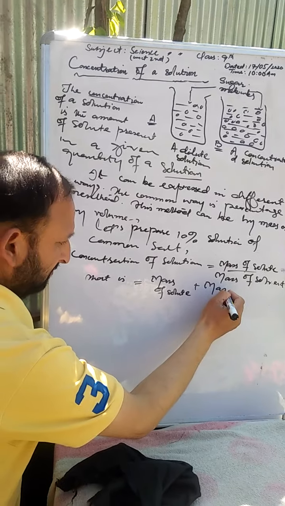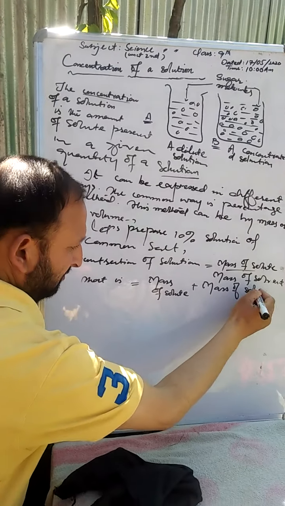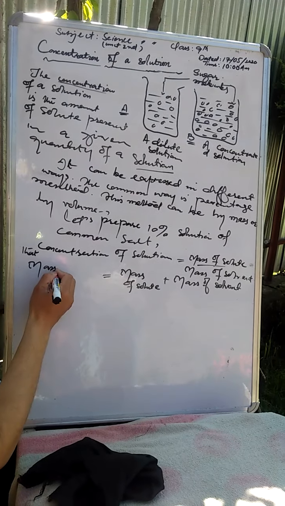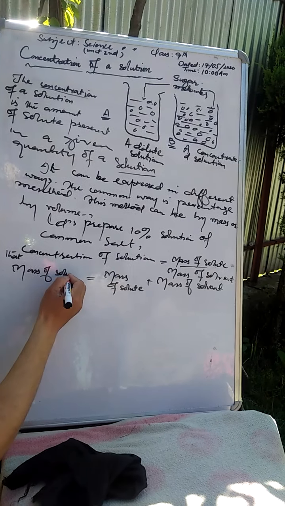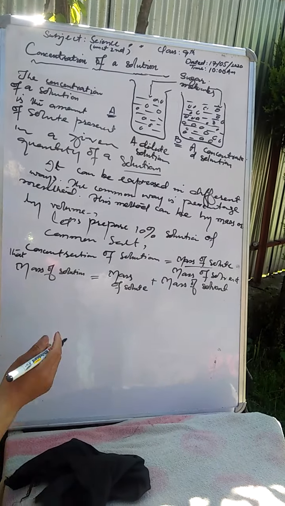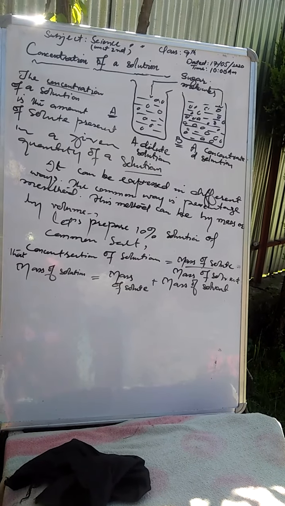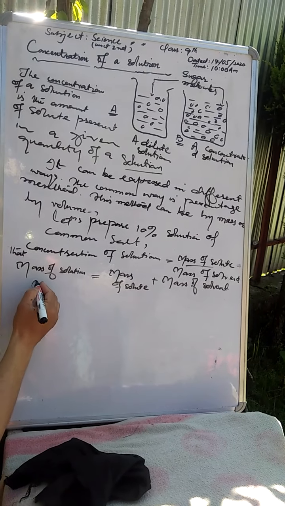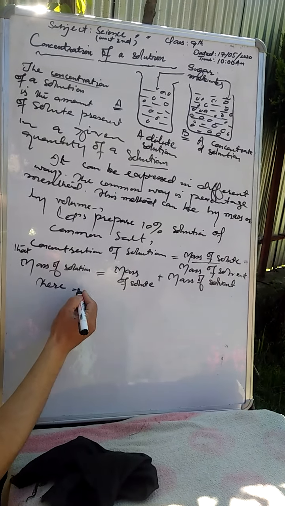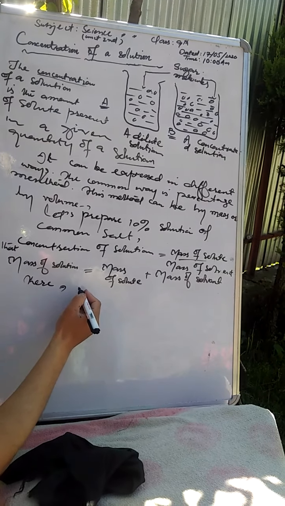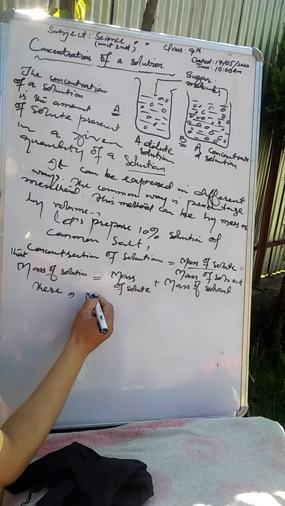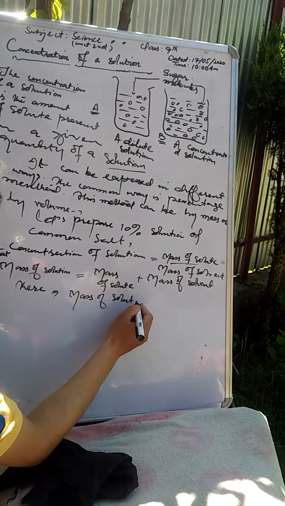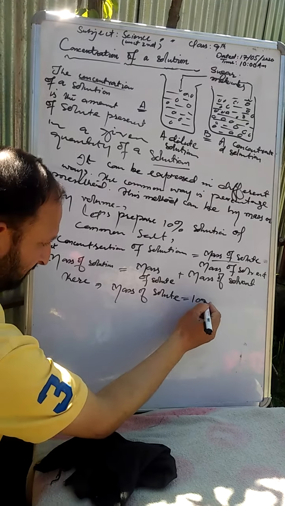Dear students, let me take an example of a common salt solution that is a 10% solution. In this example, we are taking the mass of solute that is 10 grams and the mass of solvent that is 90 grams. The solvent is water and the solute is salt.